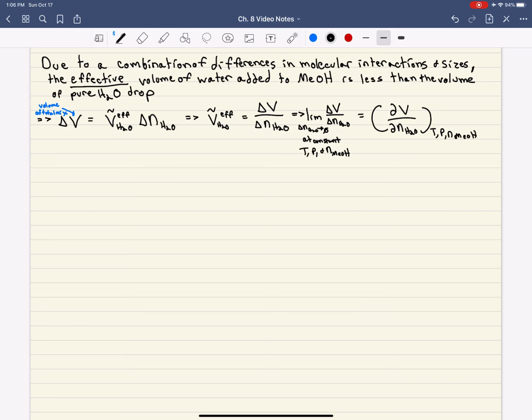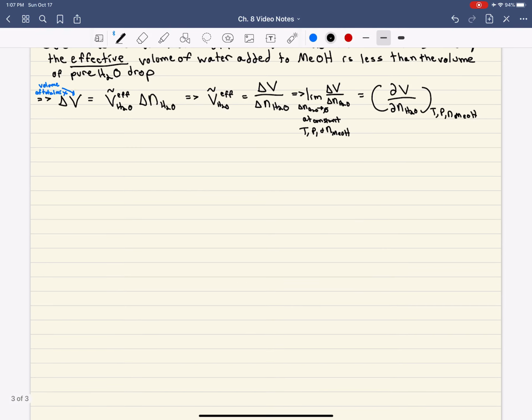Okay? And so this effective volume of the water, once it's in the mixture, can be calculated as the partial molar volume of the total mixture with respect to n H2O. All right, and so mathematically, that's how one would determine the effective molar volume of some substance B added to a mixture.